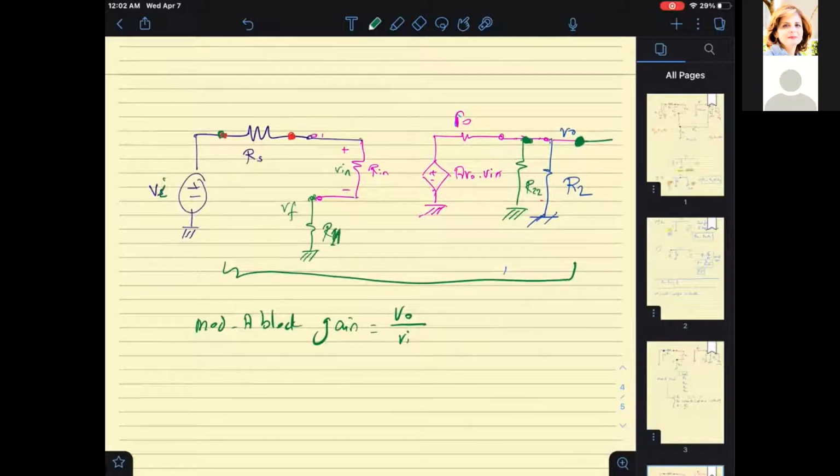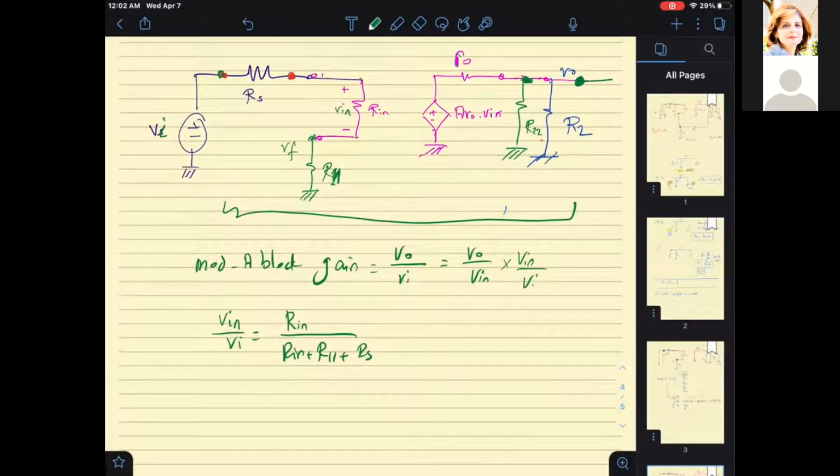So we're going to find first Vo over Vi. This is equal to Vo over Vn times Vn over Vi, and Vn over Vi is voltage division, so it is equal to Rn over Rn plus R11 plus Rs.